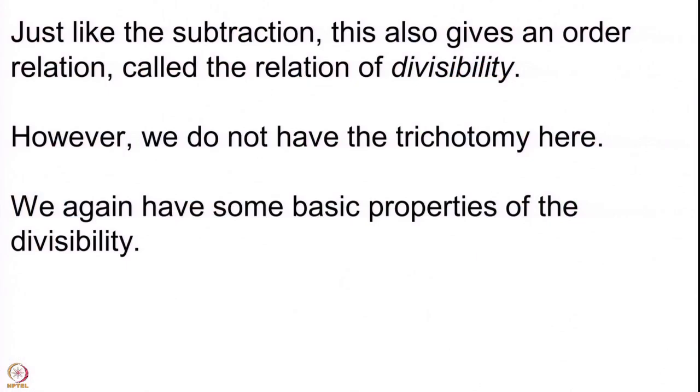You can have two natural numbers which are simply not related to each other. But that is what makes this order relation, the divisibility relation, very interesting. So there are again some very basic properties of this divisibility relation. We will see these properties and their proofs in the next lecture. Thank you.